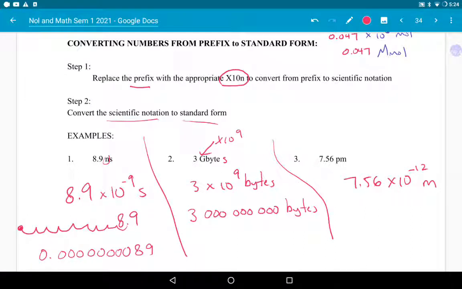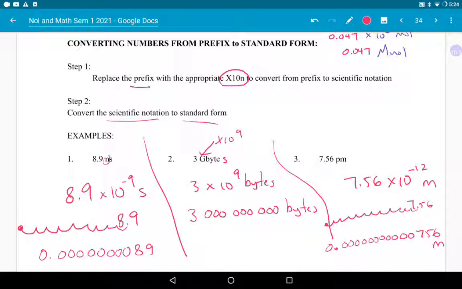Alright, so 7.56, 1, 2, 3, 4, 5, 6, 7, 8, 9, 10, 11, 12. Alright, so there's going to be 11 zeros and then the 7. And put my unit at the end there.